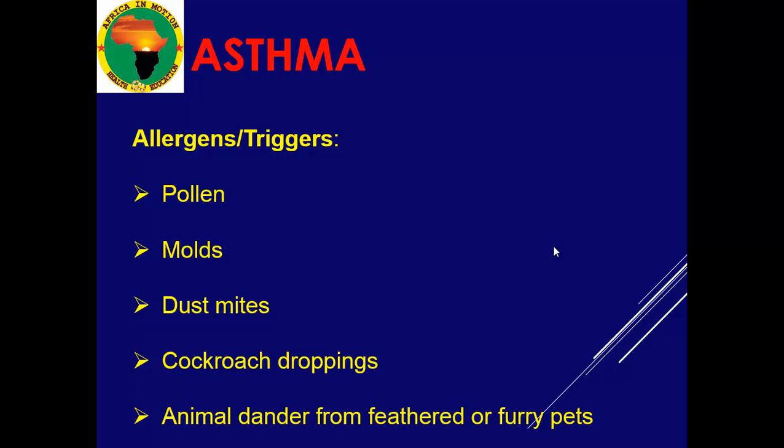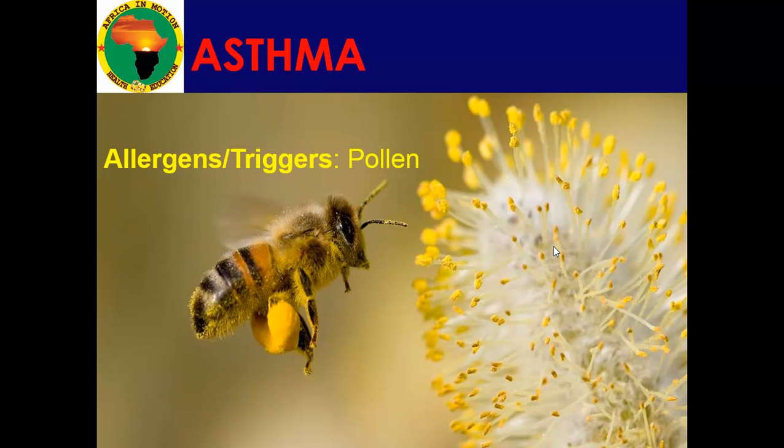There are other triggers and risk factors, like allergens. We know pollen, the small particles on the flowers, molds, dust mites, cockroach droppings in the house, animal dander from feathered, furry pets. Let's see them. The flowers have small particles on them.